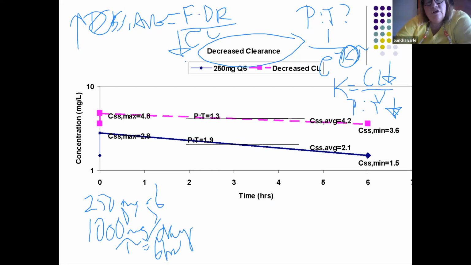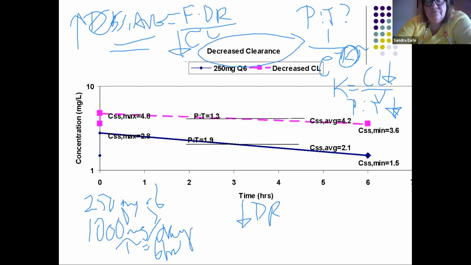Right? So our CSS average is going to increase due to this decrease in clearance. And sure enough, our CSS average goes from 2.1 to 4.2. So we can see that CSS average increases.